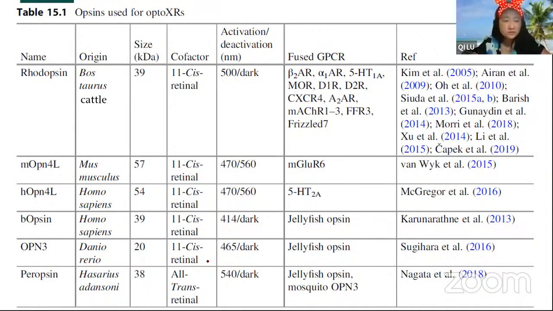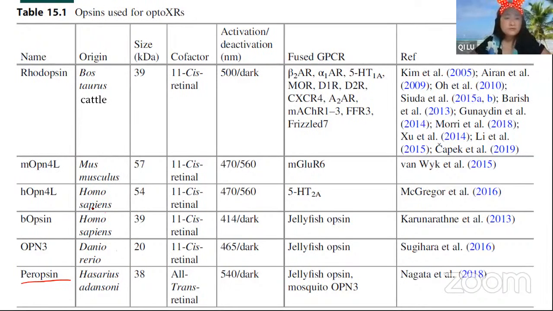So the authors list all those candidates here, like rhodopsins from cattle, mouse, human, and zebrafish. And remember, before we talked about pyropsin, it binds to all-trans retinal.